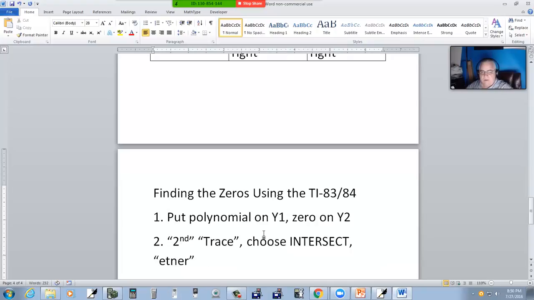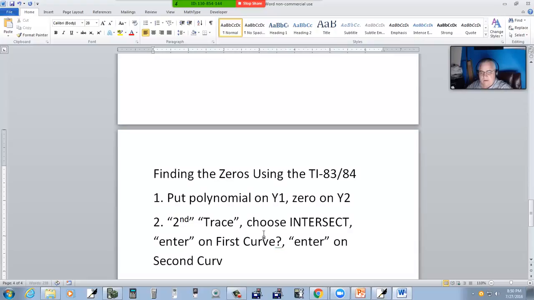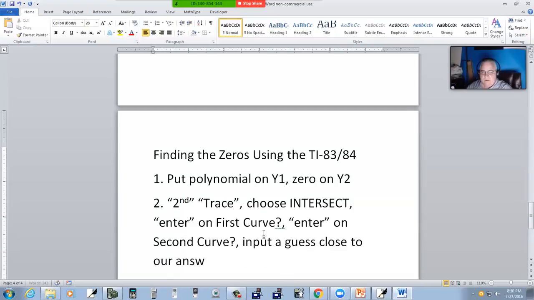We're going to enter on first curve, enter on second curve. Then we'll input a guess close to our answer and press enter.